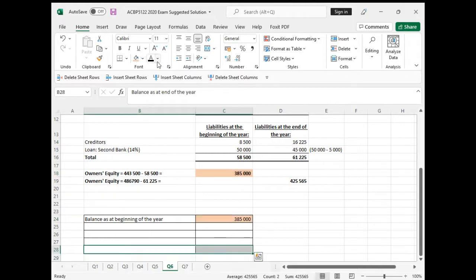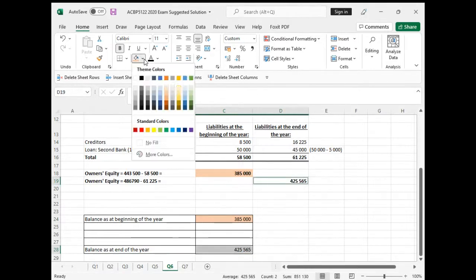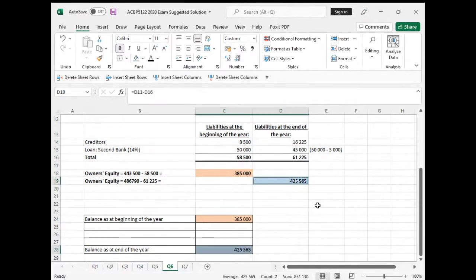Then I've got the balance at the end of the year, which also agrees to what I've calculated here at the top.